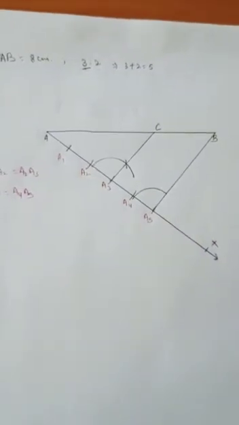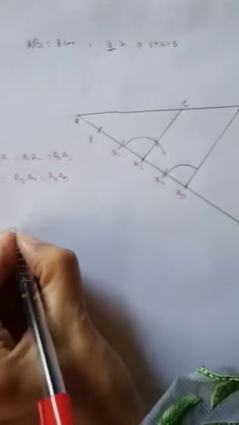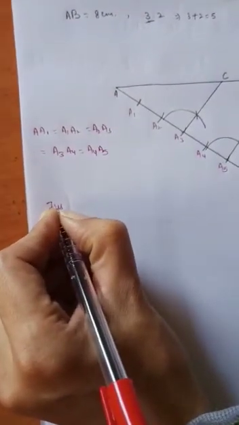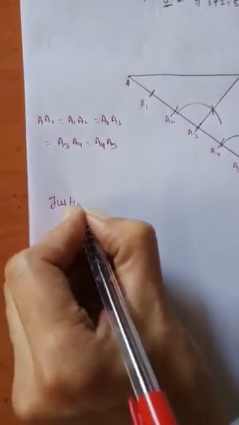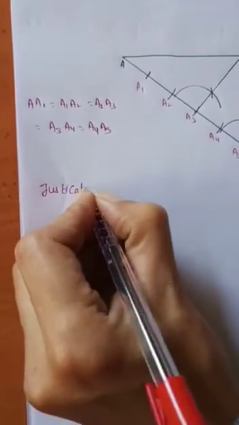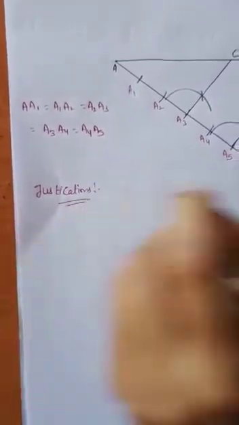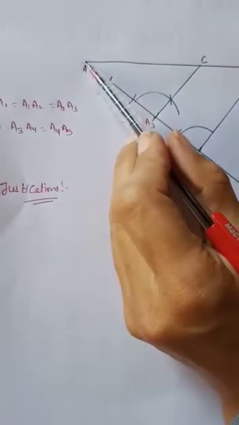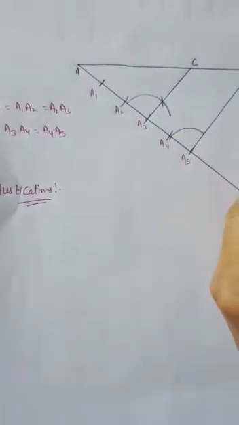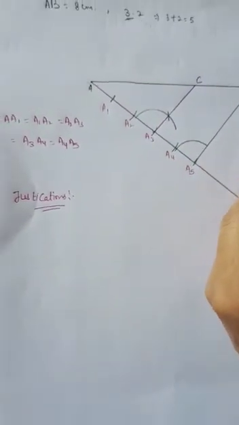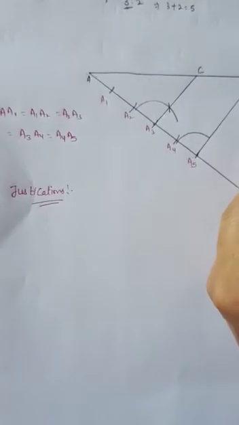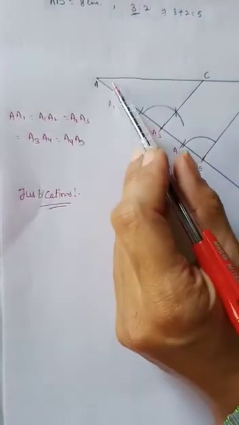Now we will see the justification of the question. So let us see the justification and the construction steps. The construction step is: as AB is a line segment drawn, then with the help of the compass, scale and pencil, we draw the angle BAX, any acute angle.